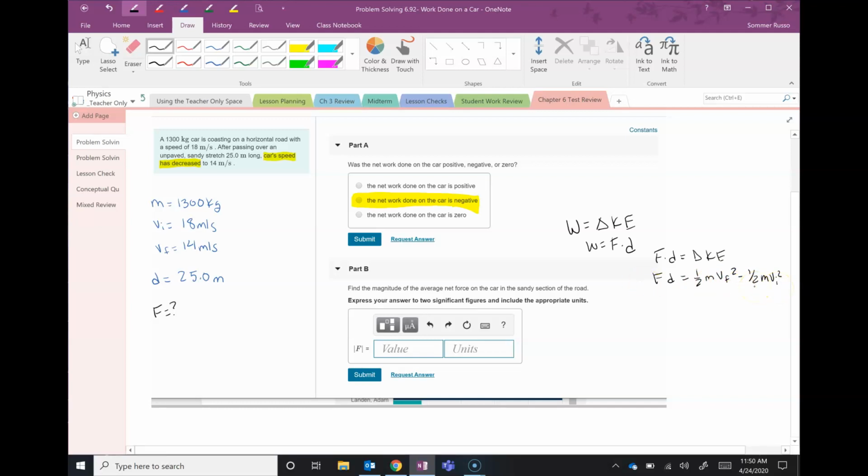For ease of typing into my calculator, I'm going to take the 1/2 m in both terms and factor it to the front. That simplifies some of the math we're going to do later. We're specifically interested in force, so we're going to divide both sides by our displacement.